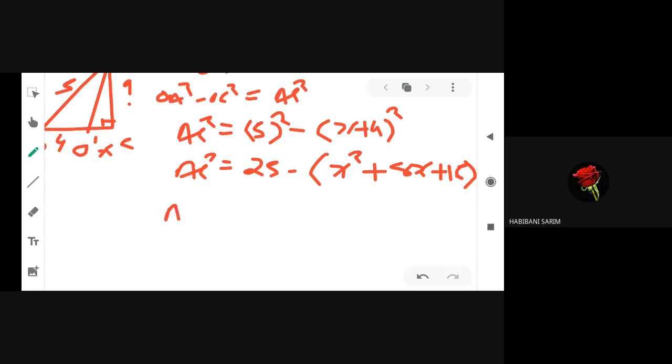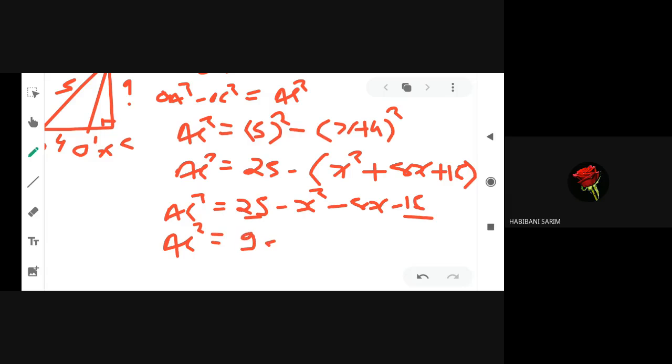Now AC square is equal to 25 minus x square, and we apply the minus sign to the bracket, so all the terms become minus. So what is the value of AC square? 25 minus 16 is 9, minus 8x minus x square. It is the first equation for AC.